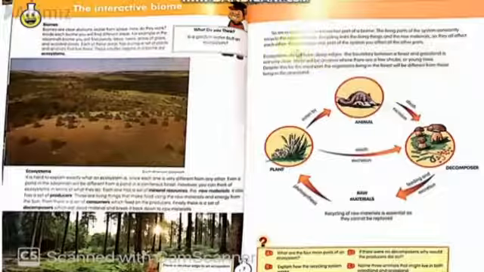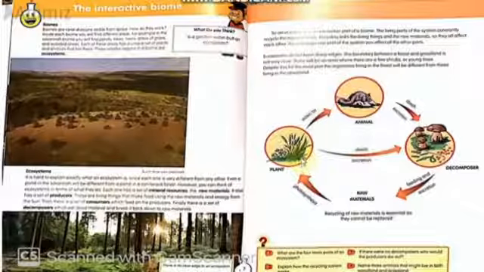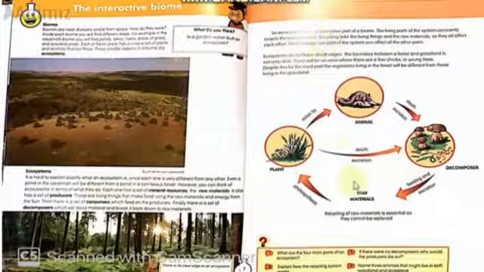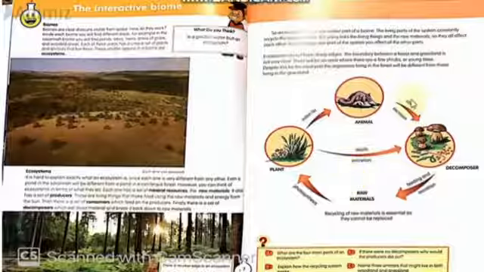So now, as we have discussed, ecosystems have living parts, and there is a cycle, and all the living factors and the non-living factors are dependent on each other. This is an interactive part of a biome, because the living part of the system is constantly interacting with the non-living part of the system.